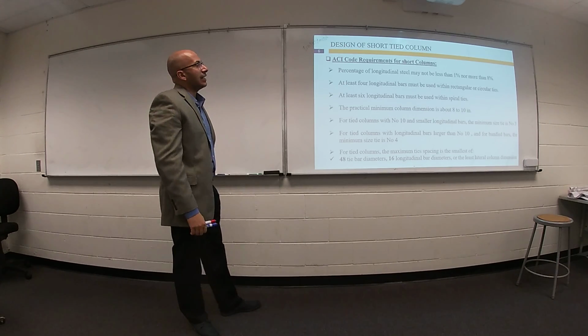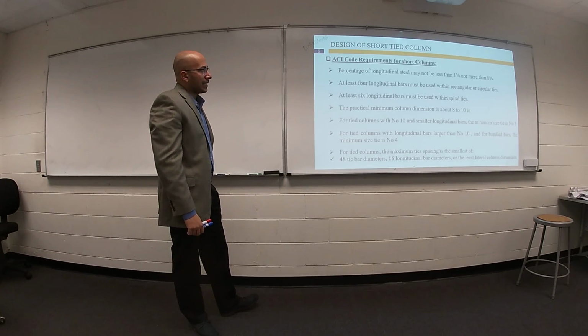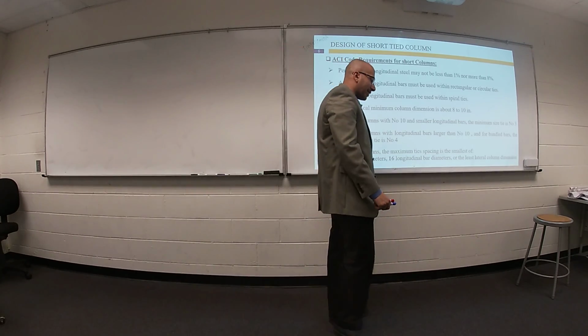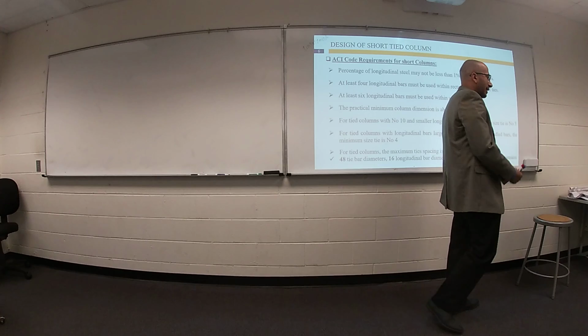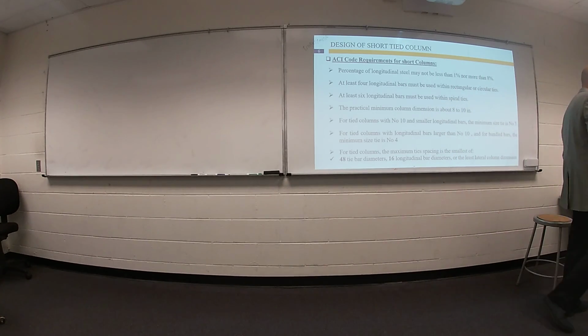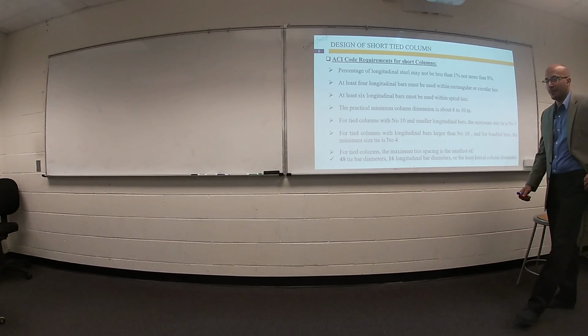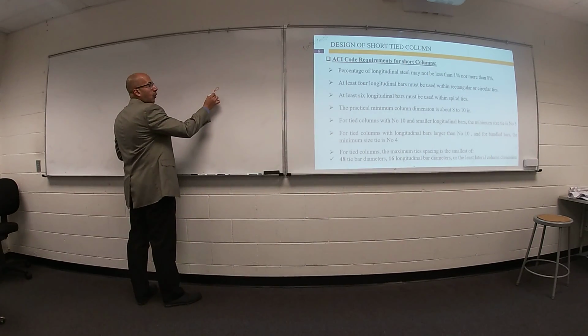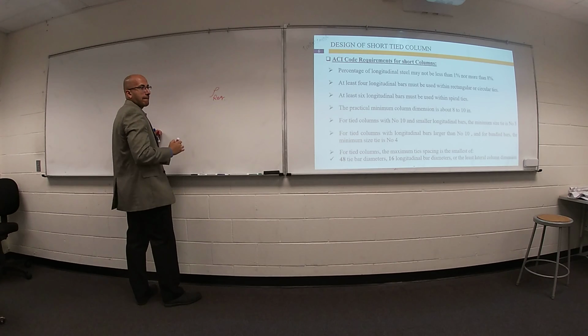The percentage of longitudinal steel may not be less than 1% nor more than 8%. Can anybody understand anything from this sentence? Yeah? We learned something a little bit like this before. Do you remember rho required in your beam?